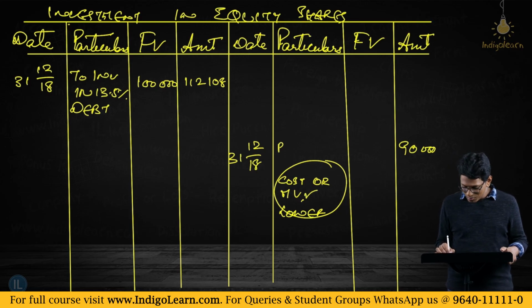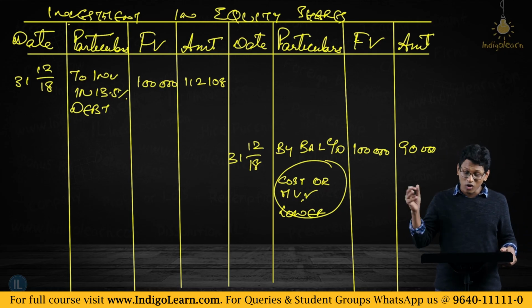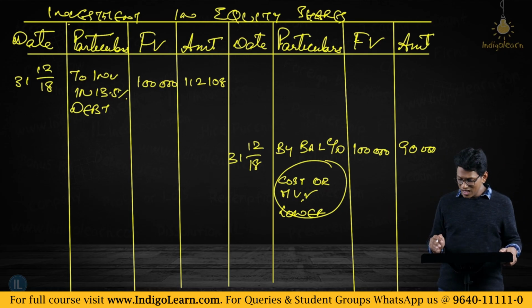So it will be by balance carried down 90,000. Now we actually got this at 1,12,108, but the carrying amount is 90,000. What does it mean? There is a write-off to the extent of 22,108.